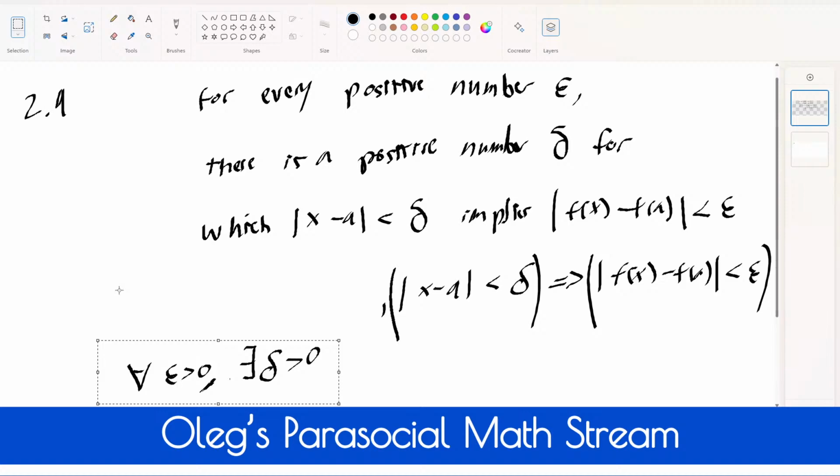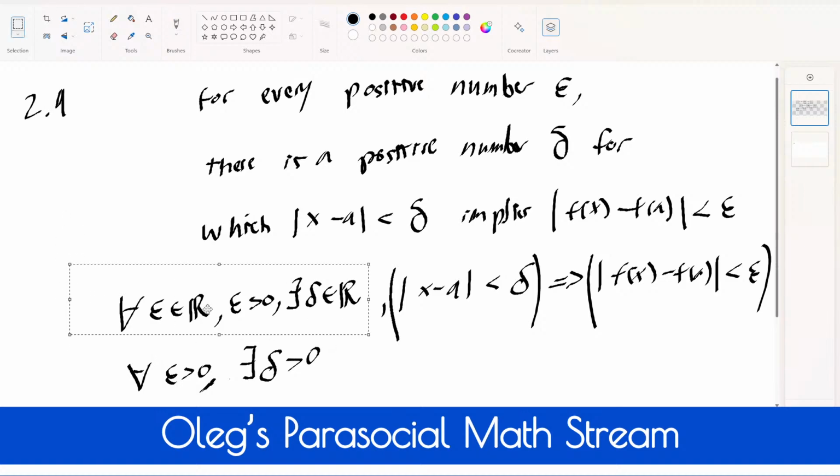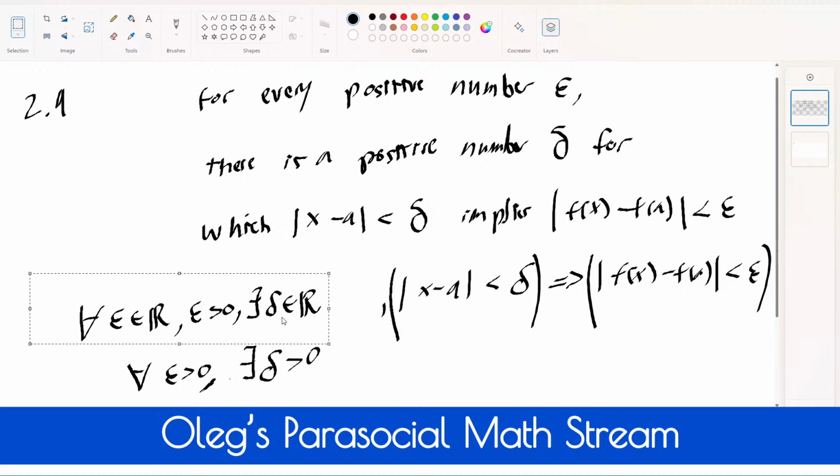So we're gonna say all epsilon, they're members of the real set, epsilon greater than 0, and then we're gonna say exists delta members of the reals. I'm running out of room. And then we're going to say delta greater than 0. Okay. And let me see if that's correct.